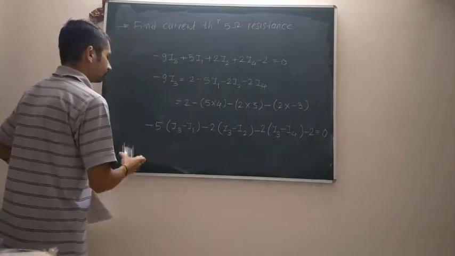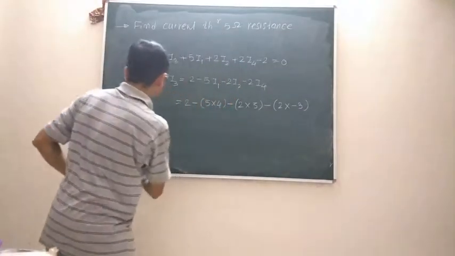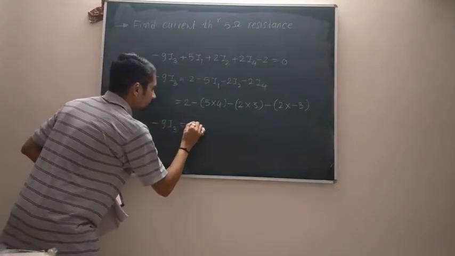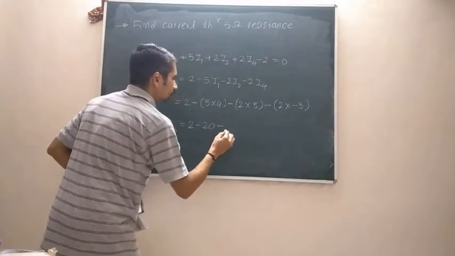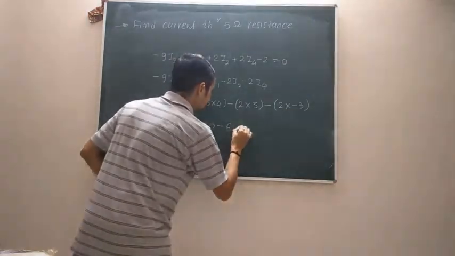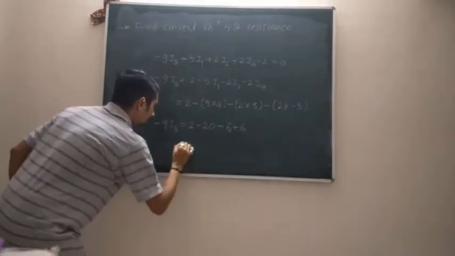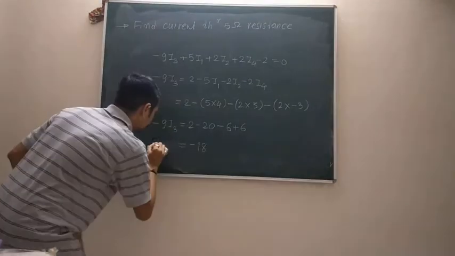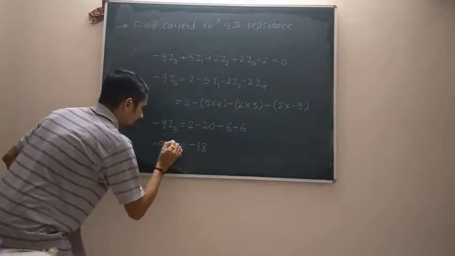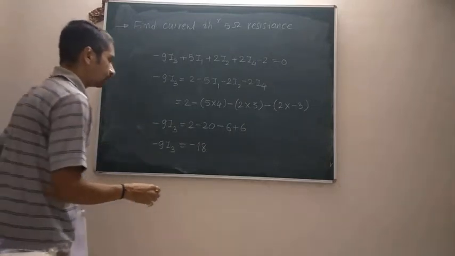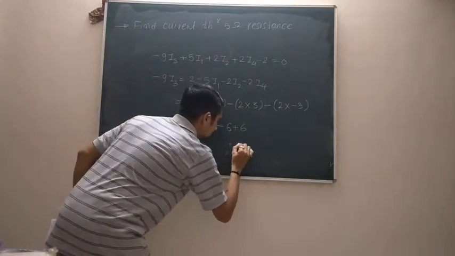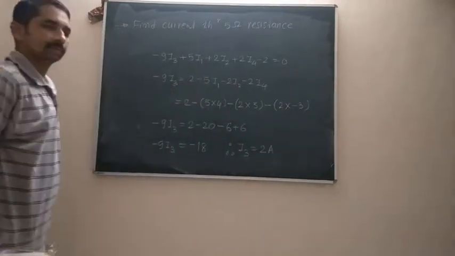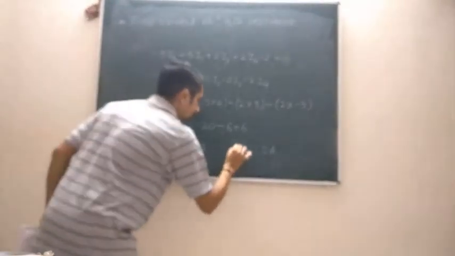And now if I solve it further, what will I get? Minus 9I3 will be equal to 2 minus 20 minus 6, and this will become plus 6, so minus 9I3 is equal to minus 18, and therefore I3 will come out to be 2 amperes.